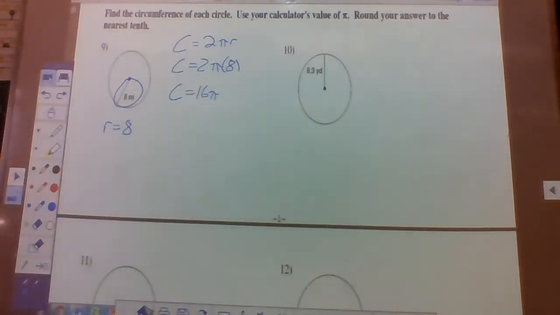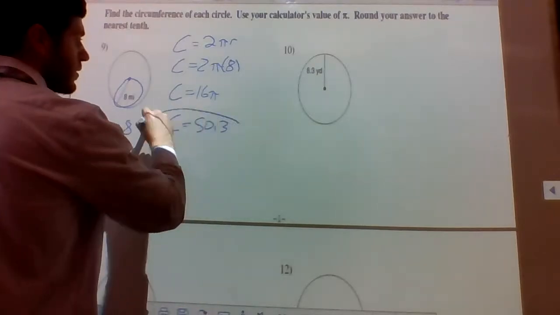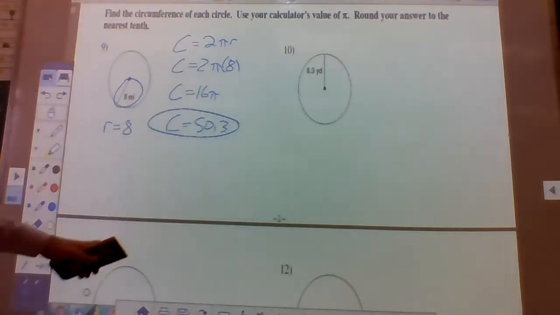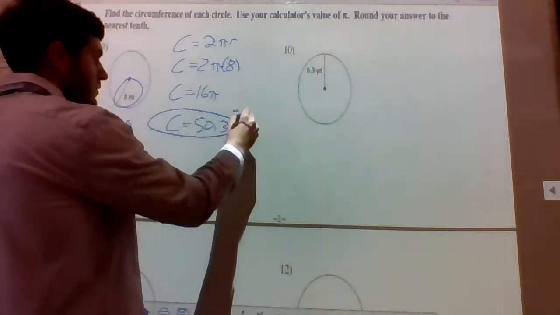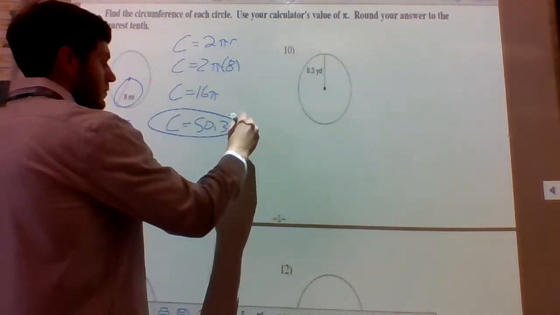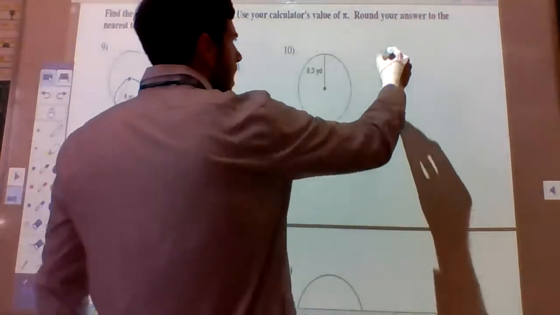Put it in the calculator. We get 50.3. Okay, and that's the more exact answer. This is our rounded answer. That's a decimal. Okay, miles. Circumference is 50.3 miles.